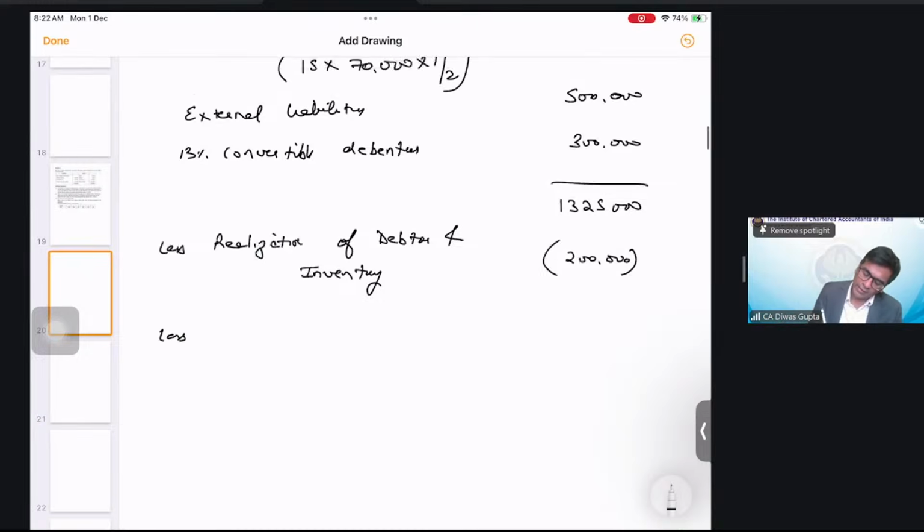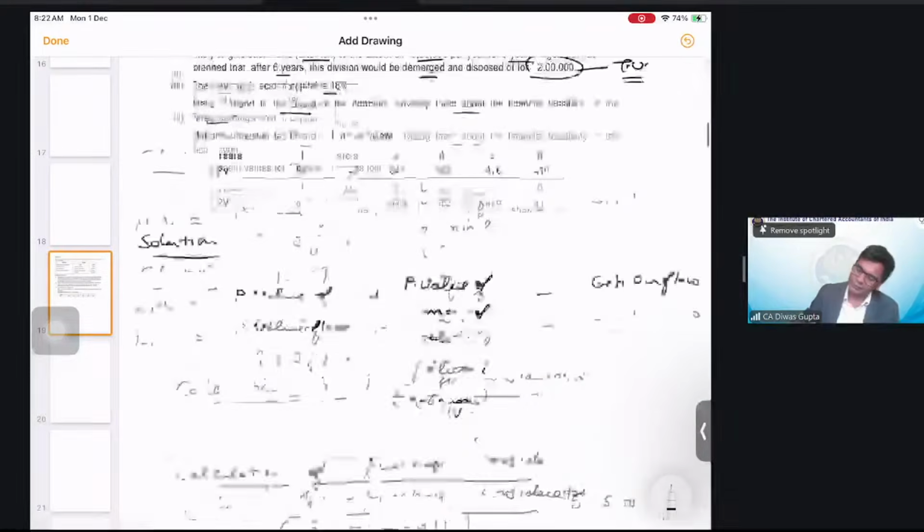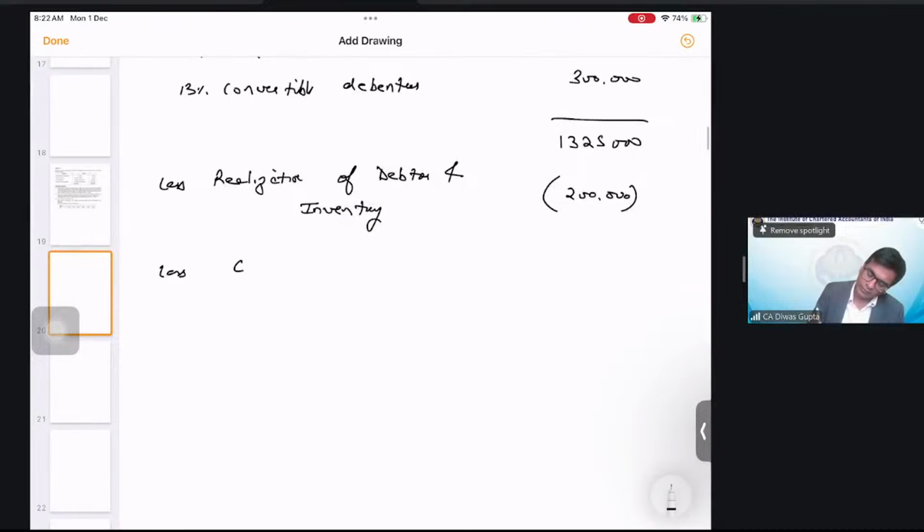Then I also have cash in the balance sheet to the extent of 50,000. This also I will reduce, right? So the net amount will become 10,75,000.